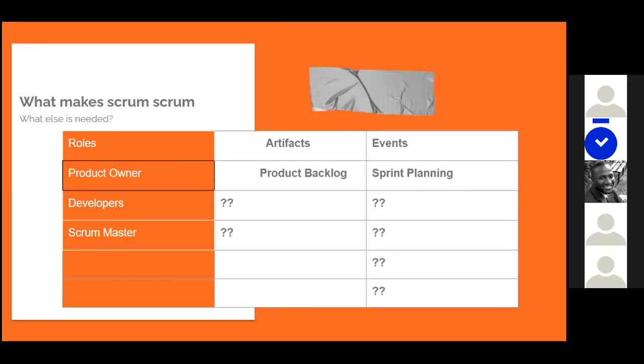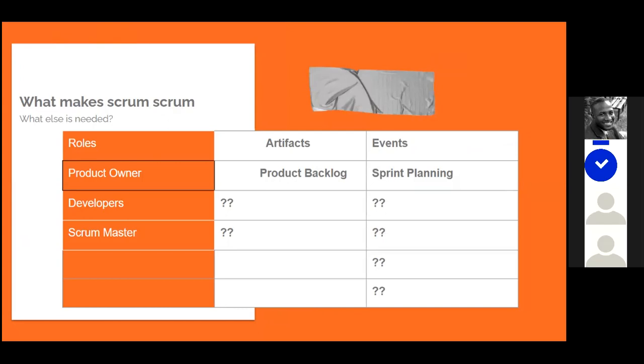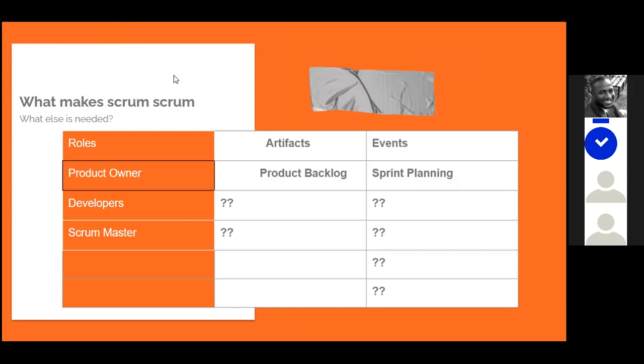So what makes Scrum Scrum? Anyone familiar with Scrum here? Hello, are we familiar with Scrum? The name. Anybody else? Yeah, so when we talk about Scrum, we talk about artifacts and events.